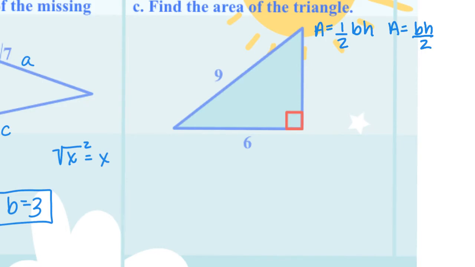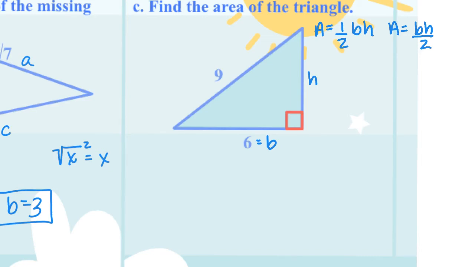These are pretty much the same formula. In this triangle that we have here, our base is 6, but we don't know the height. And that's what we have to look for before we can find the area of this triangle.